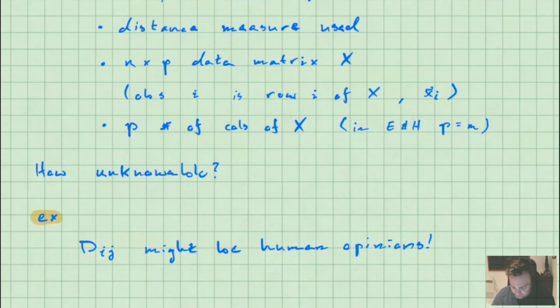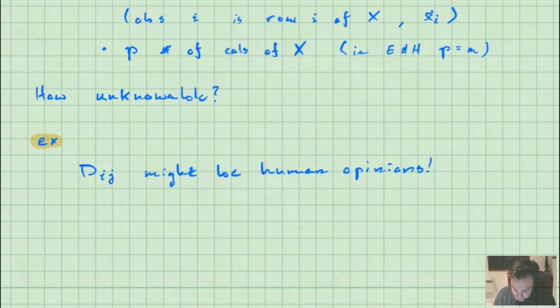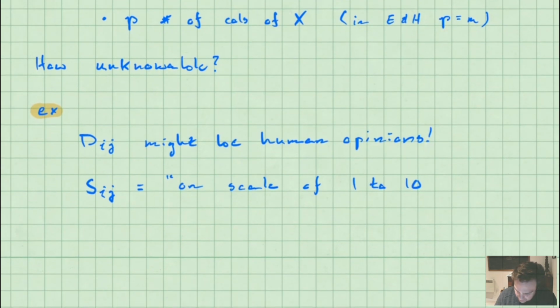Imagine, for example, somebody started with a similarity matrix, S_ij, and gave a survey to a bunch of lecturers in the stats department, saying on a scale of 1 to 10, how similar are students i and j?